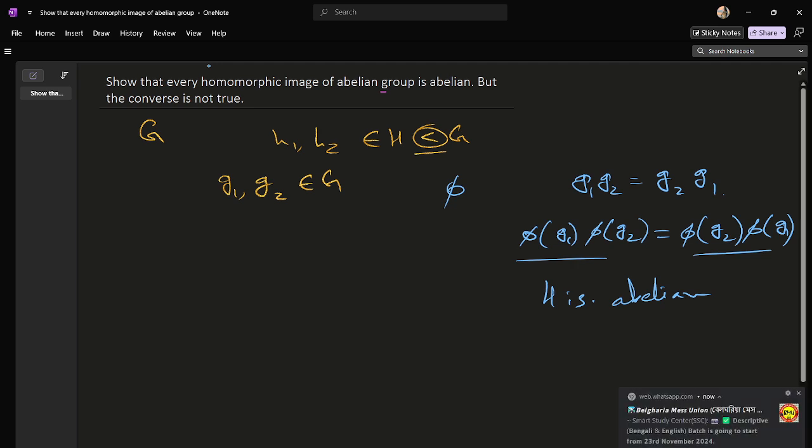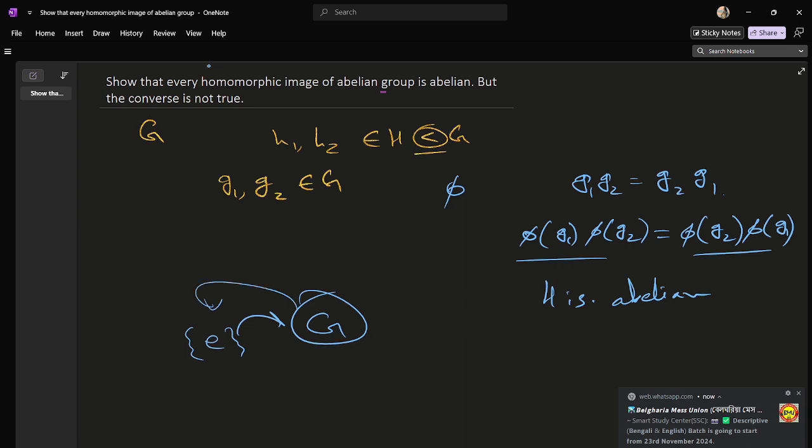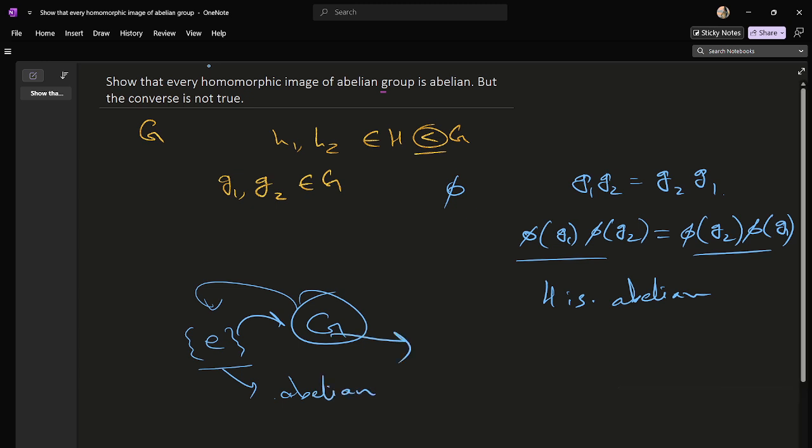If we take our trivial group, it is homomorphic to every possible group. It is a subgroup also, and it will be abelian, but the G is irrespective here, so it can be non-abelian also.